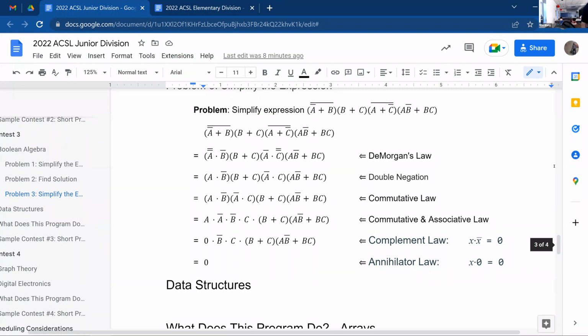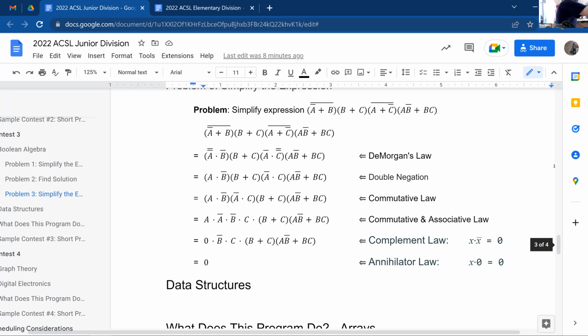And now, because we have this A and not A here, that part is always false, right? That's the complement law, right? X and not X is always false. So now this becomes false and whatever, I don't care.